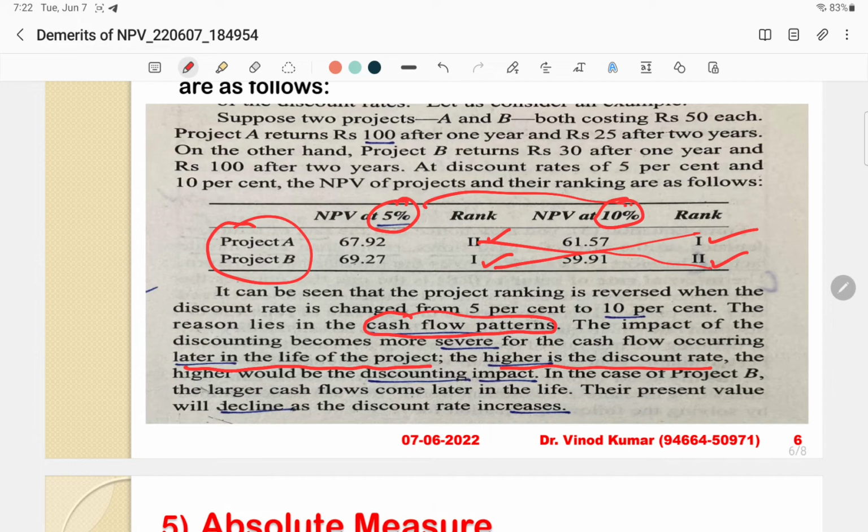So in case of project B, in the first year we are getting 30 rupees and in the second year you are getting 100 rupees, so in later years, that is the second year, you are getting more cash inflow. So we can say that at a higher discount rate and higher cash inflows in the later years, discounting impact is high, more severe. Okay, so accordingly there is a change in the ranking, right? So when there is an increase in the discount rate, net present value will fall or decline, and accordingly ranking of the project will change.